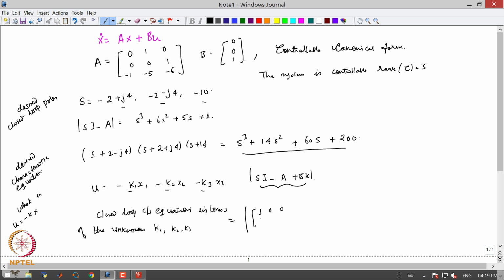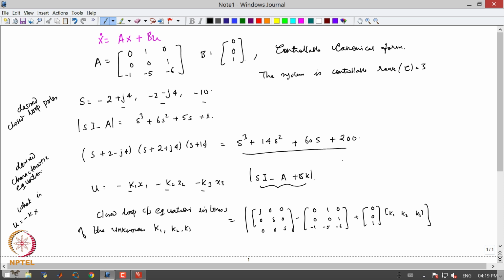So, this will be S 0 0, 0 S 0, 0 0 S, minus 0 1 0, 0 0 1, minus 1 minus 5 minus 6, plus 0 0 1 times k1, k2 and k3.